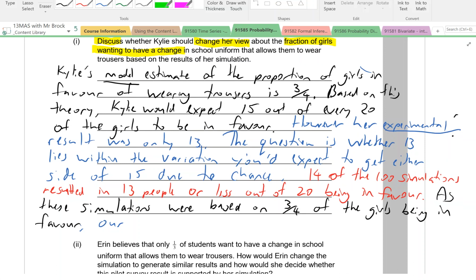So, as these simulations were based on 3/4 of the girls being in favour, Kylie's survey result of 13 out of 20 being in favour is within the expected variation due to chance.